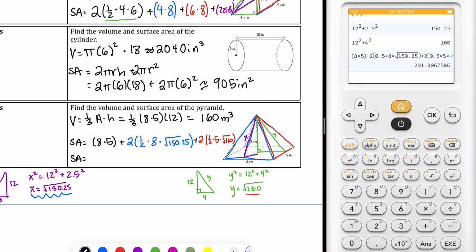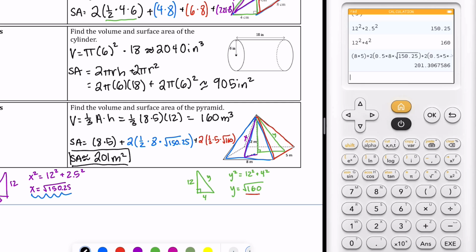The reason I used 0.5 instead of 1/2 there was just so I could avoid adding fractions, because fractions can sometimes get things sort of off track in our calculator if we don't do it right with parentheses. But here we go. Surface area will be approximately 201. And we're working in meters, so meters squared for that one.